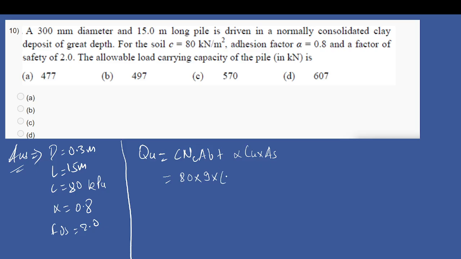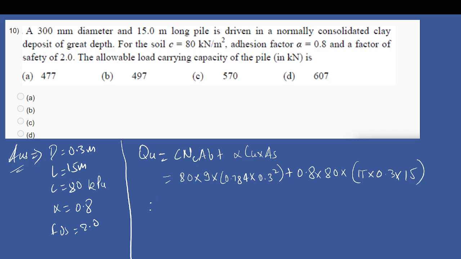Then AB is 0.785 into 0.3 square, plus alpha is 0.8, Cu is 80, and AS is basically pi into D into L, L is 15.